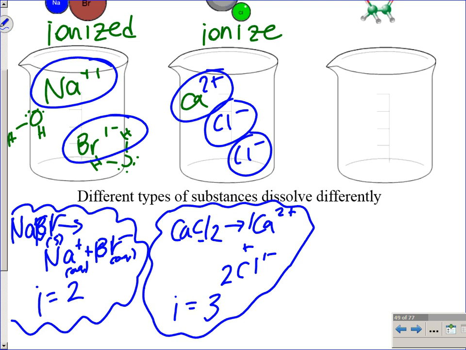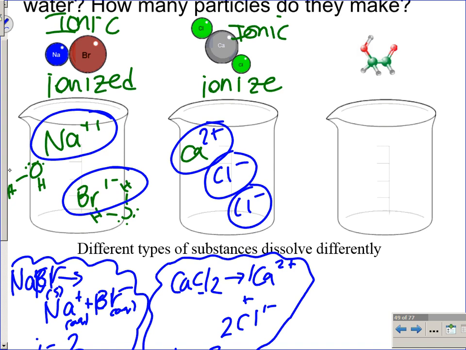Now, the last one over here is ethanol. Ethanol is C2H5OH. Thinking in your head, ionic or covalent? Can I get a vote? Most of us say covalent. So what are you looking for here?